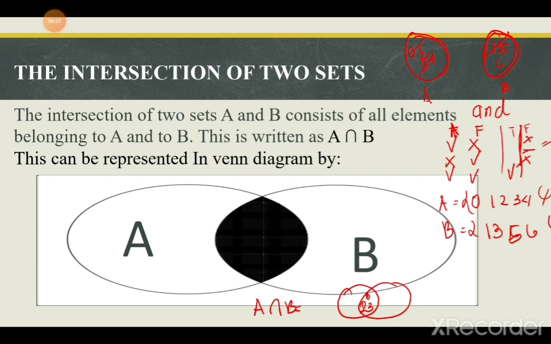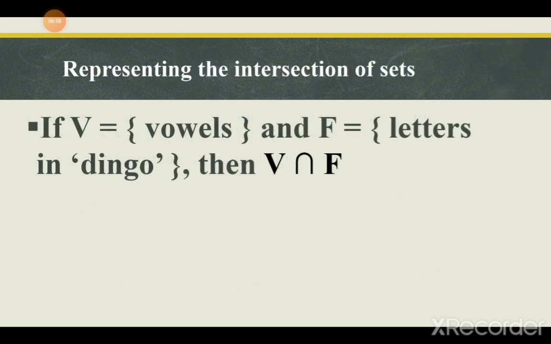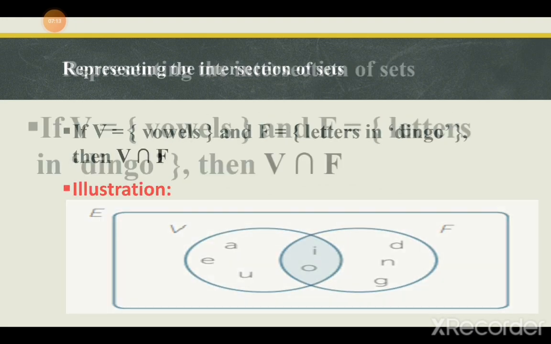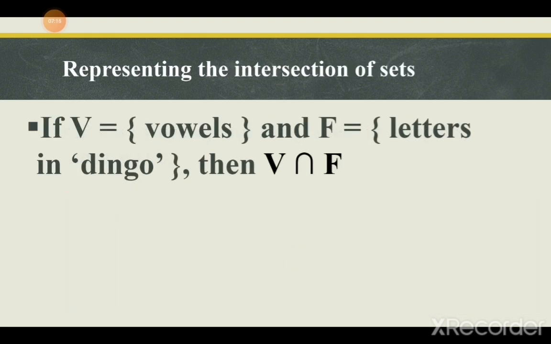Okay? Next is representing the intersection of sets. If V is equal to vowels and F is equal to letters in the word dingo, then find V intersection of F. So, siyempre isusulat natin D-I-N-G-O and your V, which is equal to, ano yung mga vowels natin in your alphabet?